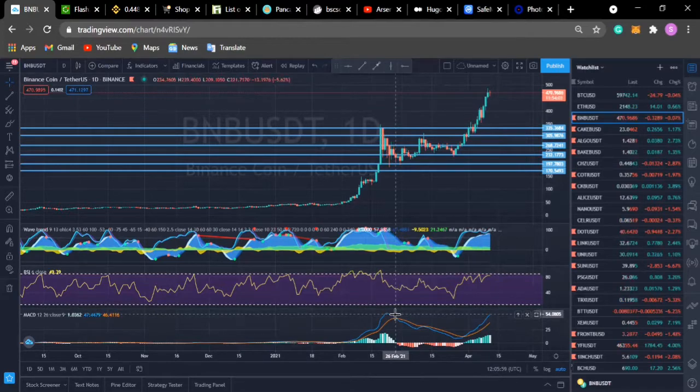You can see on RSI 1 hour, 1 day, on the daily, that it has grown to a certain level. This is 57. So we still have a little bit of room here to grow. That was why I said it's gonna get to like 500, 520 before it starts to come down.